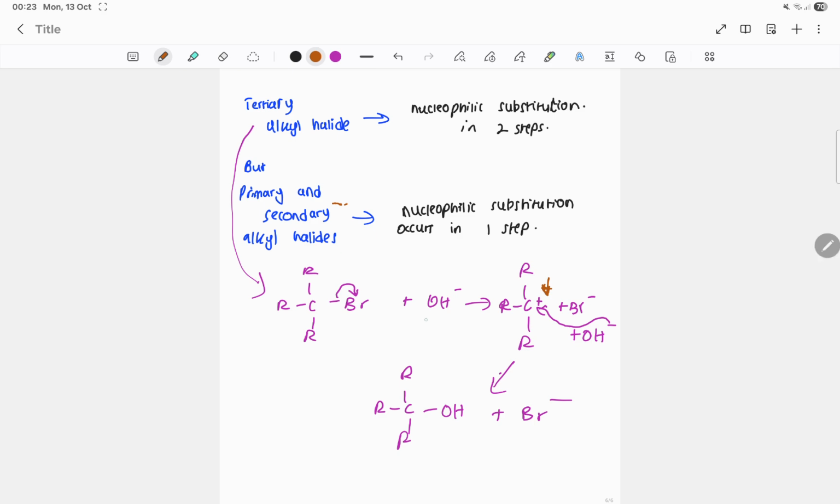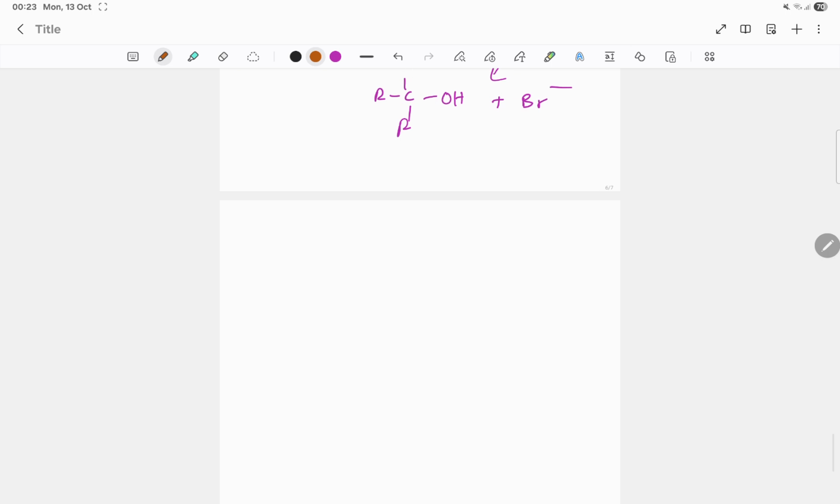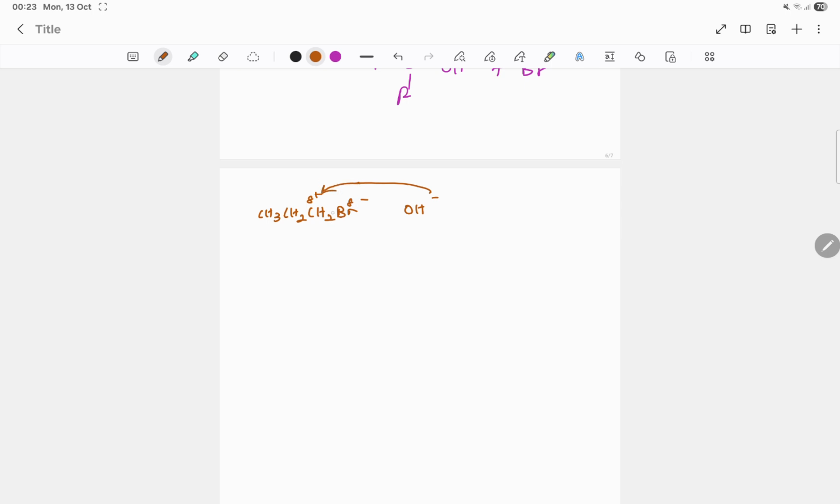Let's take an example: CH3CH2CH2Br and OH minus. Here it will be partially positive and partially negative. This guy will attack here and this bond will break and go here.